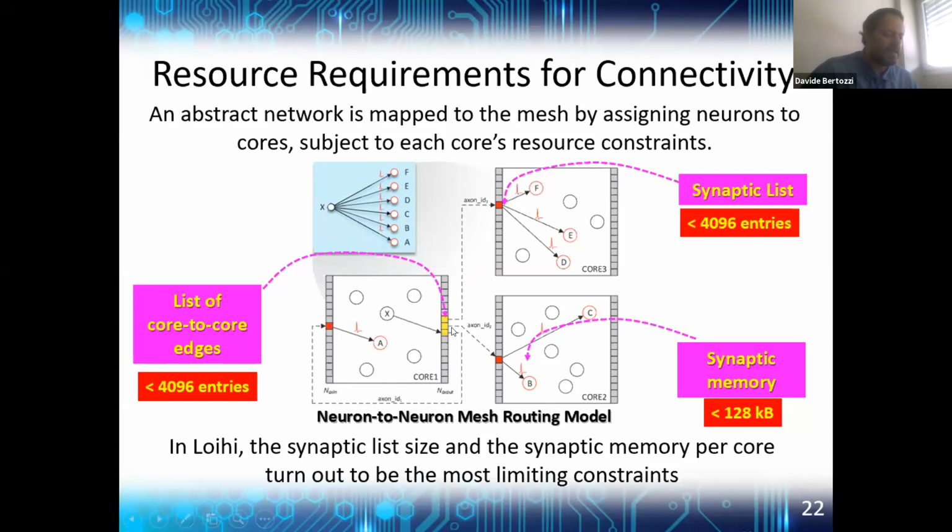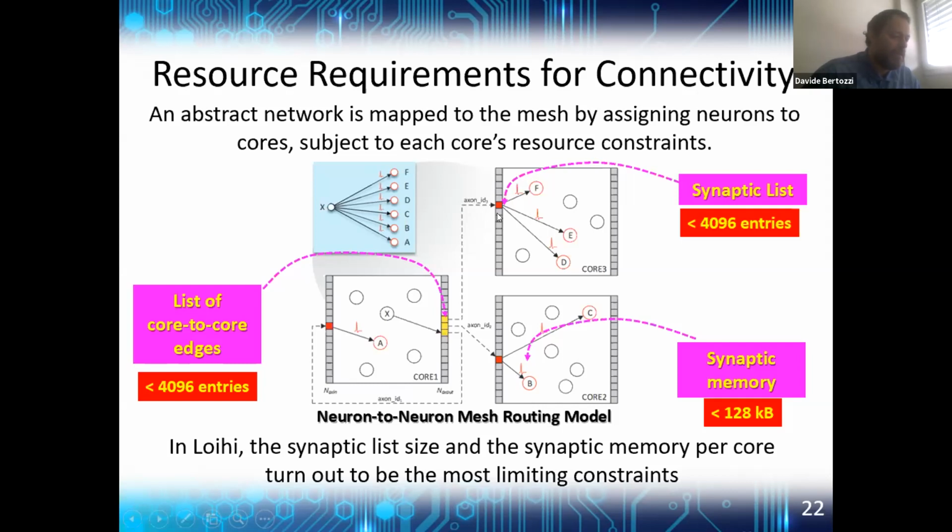When a neuron spikes, the axon identifier is routed through the network on chip to the destination core. And here, through an additional memory, this axon identifier that will be carried by the packet is expanded into a list of synapses. And this is the red memory here.